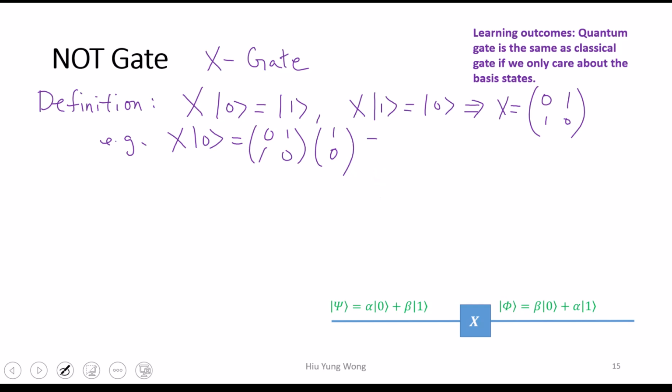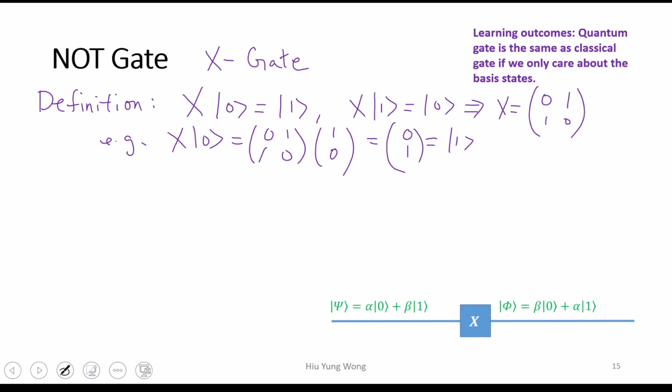You do the matrix multiplication, what do you get? 0, and then 1. What is 0, 1 in ket notation? 1.